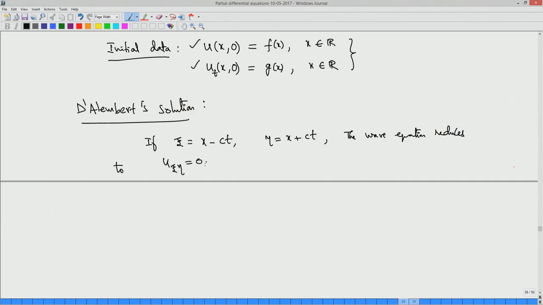This is what we have seen, and immediately if you try to solve this equation, if you simply integrate both sides, that we have seen in the last video, you can see that u equals C1 of xi, that is x minus ct, plus C2 of x plus ct, where C1, C2 are arbitrary functions.